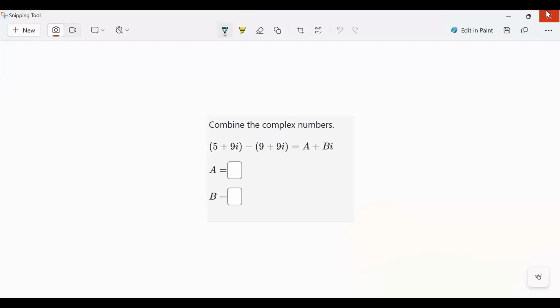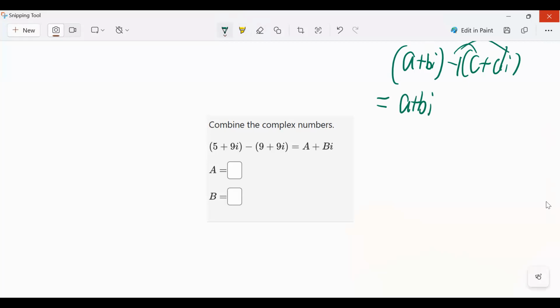Okay, so when we subtract two complex numbers, A plus Bi minus C plus Di, basically you put back the invisible one and distribute it, so you get A plus Bi minus C minus -1 times positive D is minus Di.